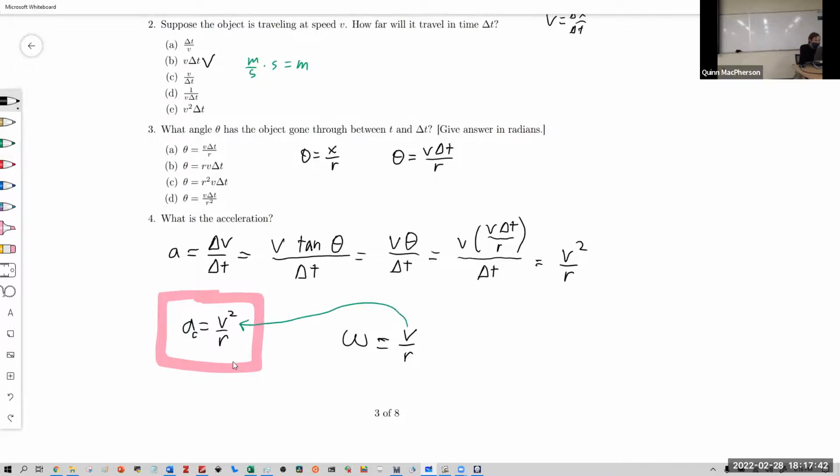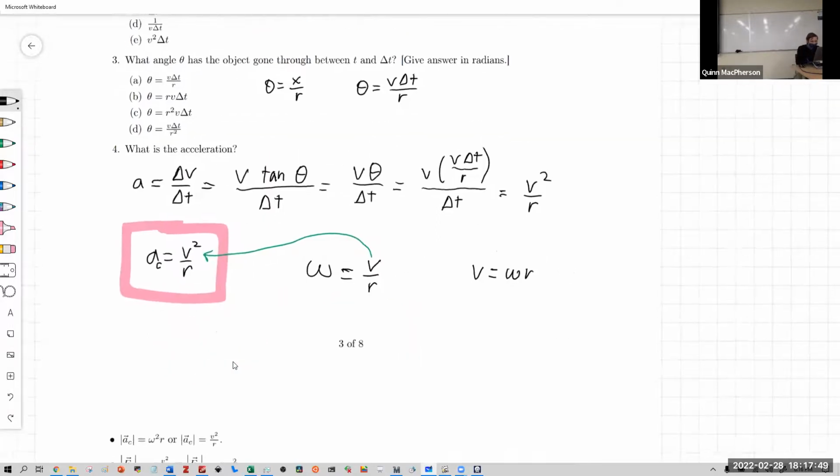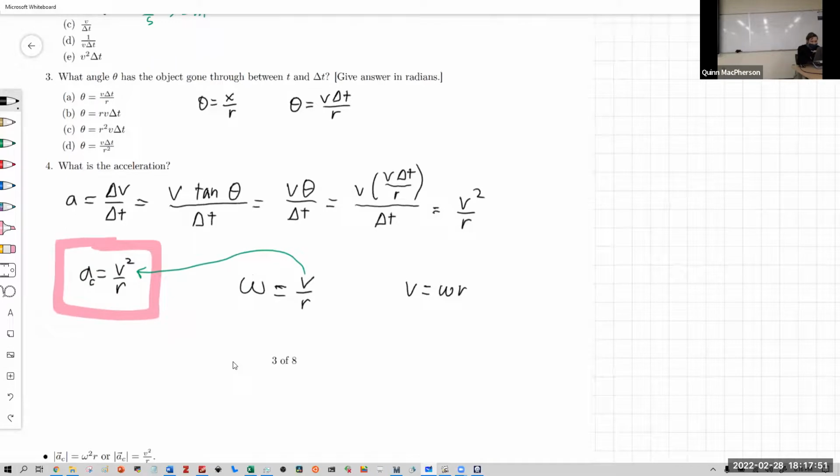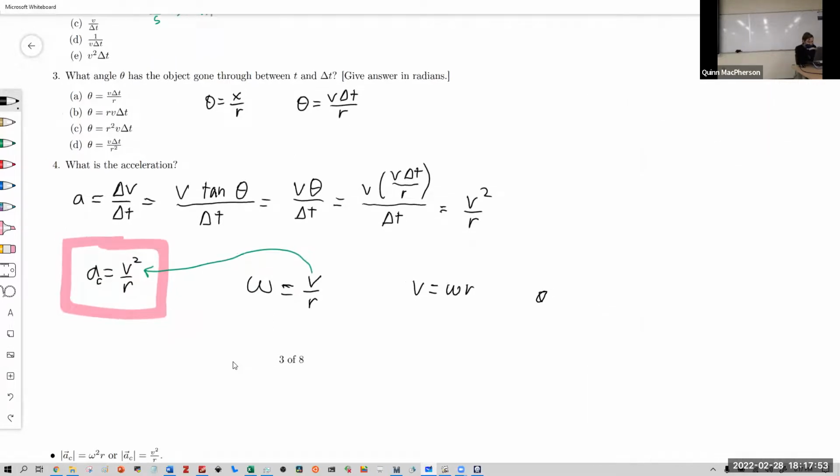So V is equal to omega R. So if I plug that into the acceleration equation, acceleration is equal to omega R squared over R, which simplifies to acceleration is equal to omega squared R.